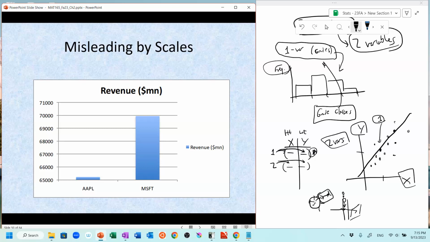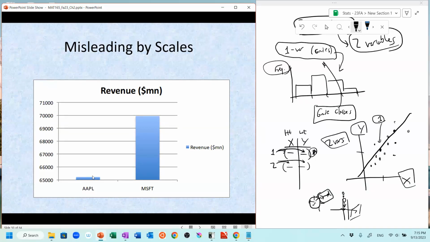So the first is, if we're evaluating something like revenue of, let's say, Apple versus Microsoft, I could present a histogram like this, right? An amount of revenue for Apple versus Microsoft. And I suppose this isn't wrong.